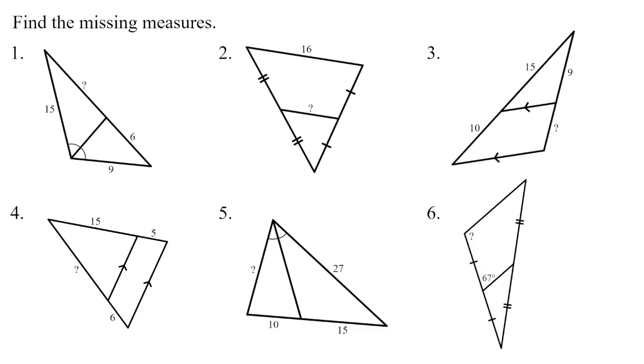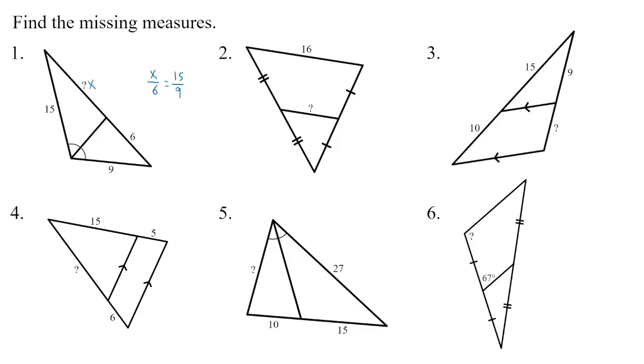So if you look at number 1, here we have a line segment that bisects an angle. Therefore, we will apply the triangle angle bisector theorem. So we're going to call this X. The triangle angle bisector theorem says X over 6 equals 15 over 9.